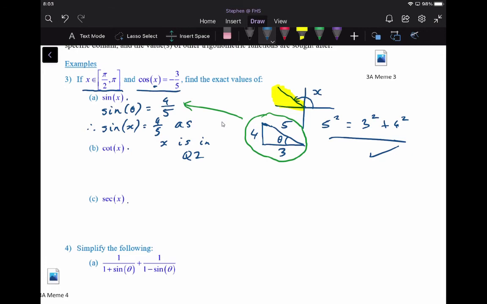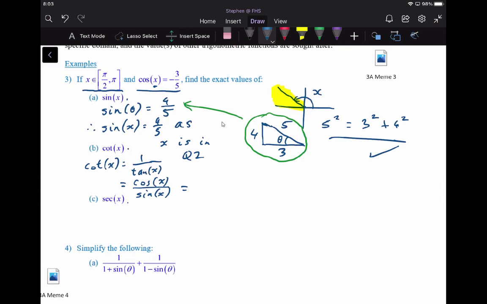Right, so now let's look at cot. So what I'm going to do for this one is I'm simply going to say cot of x is going to be 1 over tan. And we know that tan is really just sine over cos. So 1 over tan is going to be cos over sine.